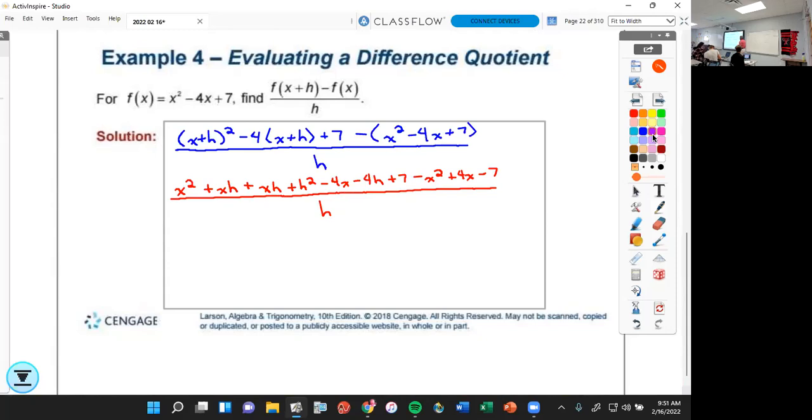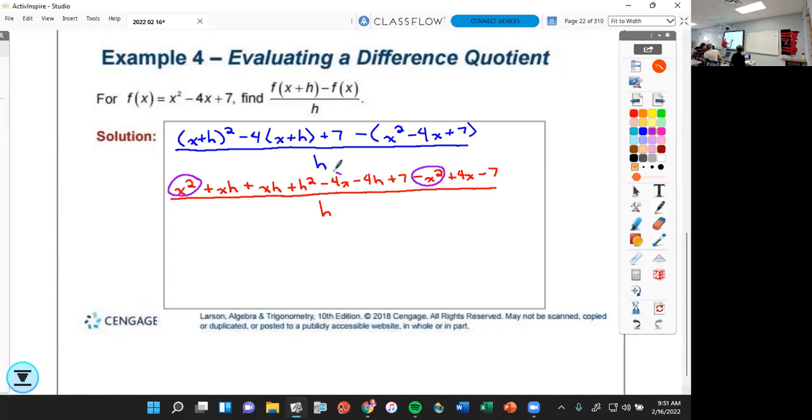We will now combine like terms in the numerator. If you did this correctly, some magical stuff is going to happen and a lot of the stuff is going to go away. Okay? Combine your x squares. What do you see? x squared minus x squared. What does that mean? Gone. Look at this one.